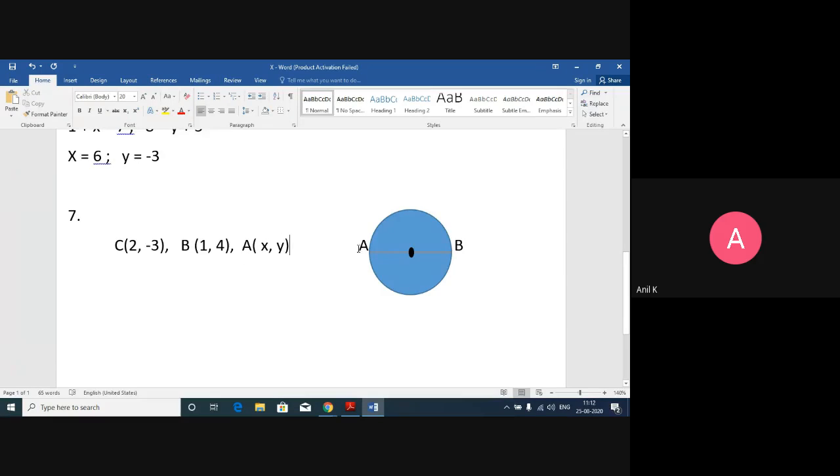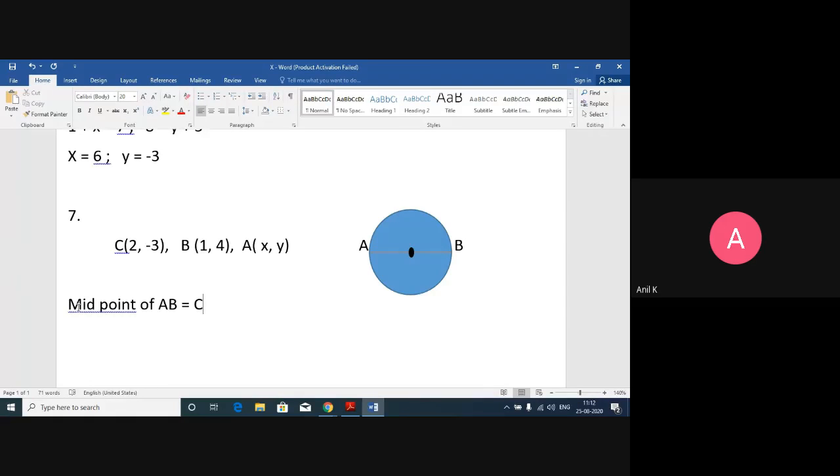So I have taken A coordinates as x comma y, B is given as 1 comma 4, and the midpoint is given as 2 comma minus 3. If I apply the midpoint formula of AB, the midpoint of AB must be equal to C only. Because I know C is the center, the distances CA and CB are both equal, both are the radii.